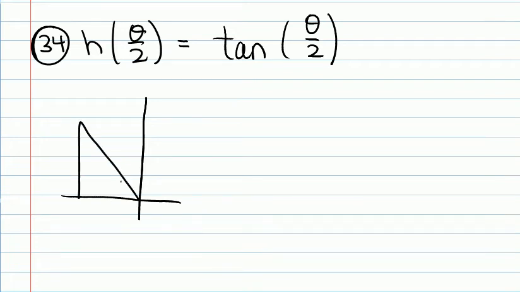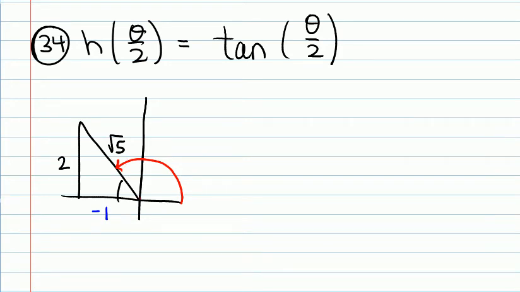So in this triangle, y is 2. The radius is the square root of 5. Therefore, the other side is negative 1. This angle, if you look at it, is in the second quadrant. When you cut it in half, notice that the angle starts at 0 and goes all the way into the second quadrant, so when you cut it in half, you are actually going to end up in the first quadrant.